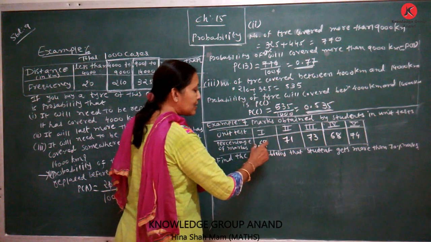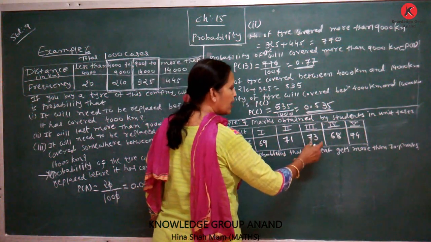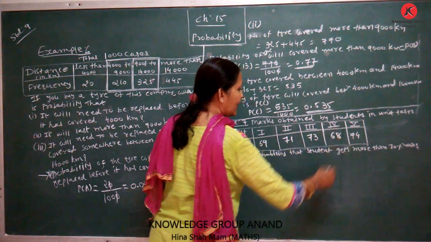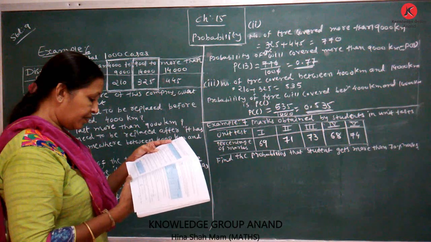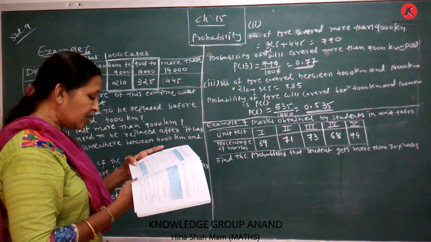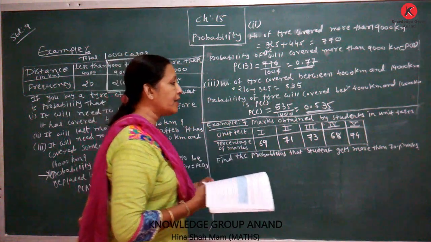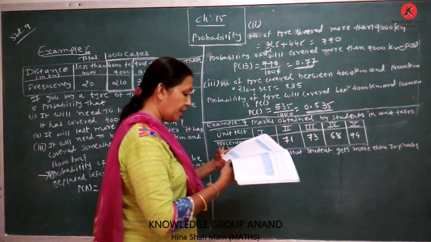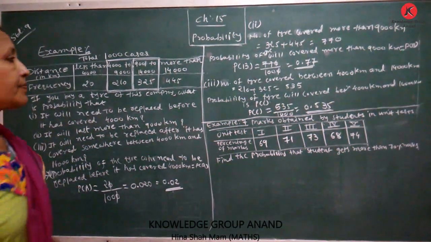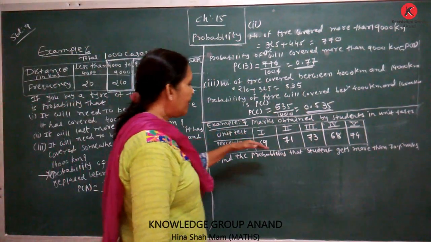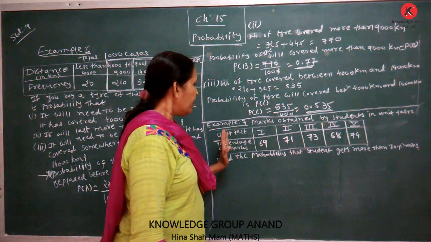Percentage of marks: 69% in the first test, second test 71, third 73, 68, 74. Based on this data, find the probability that the student gets more than 70% marks in a unit test.